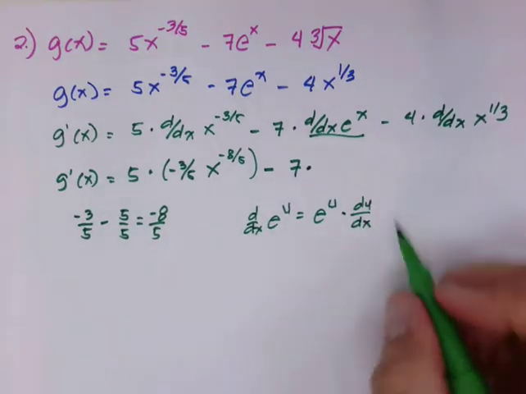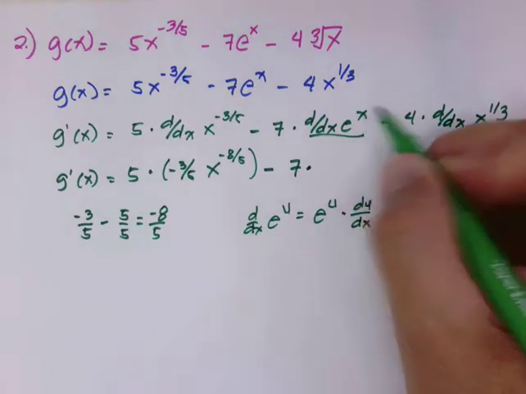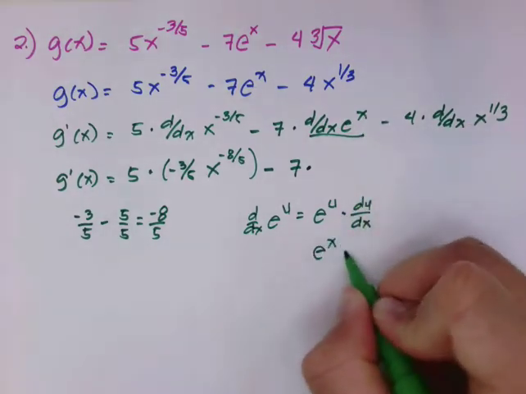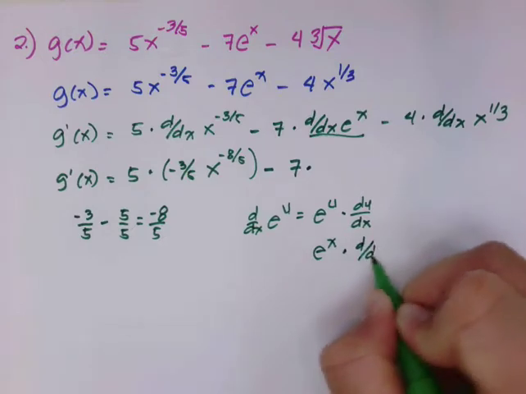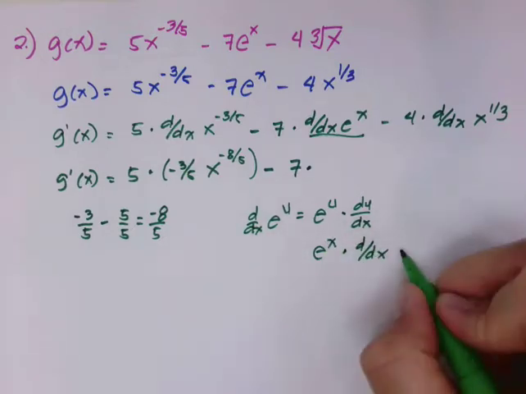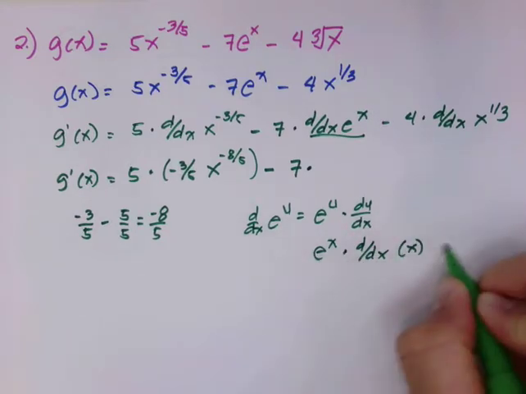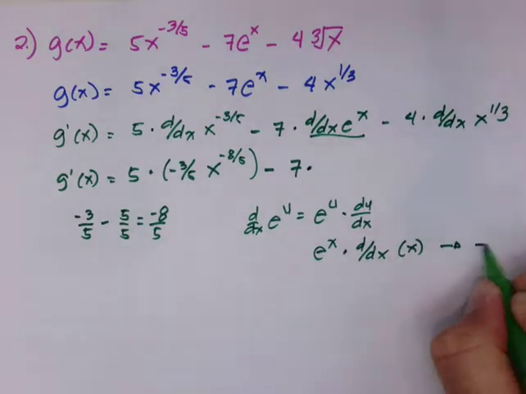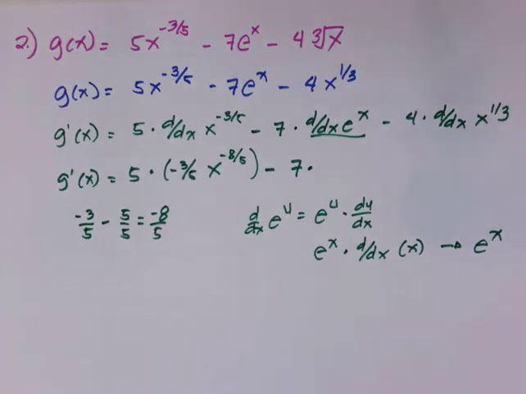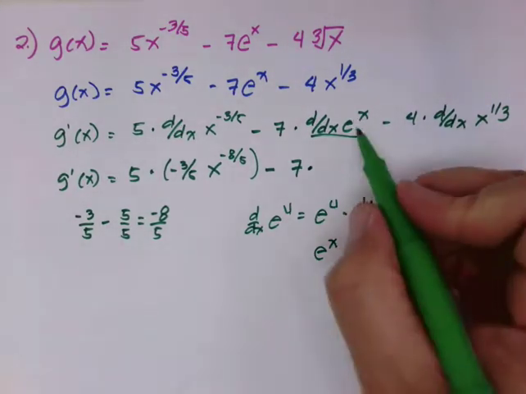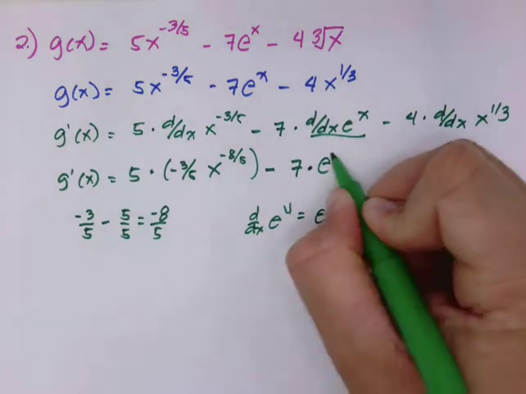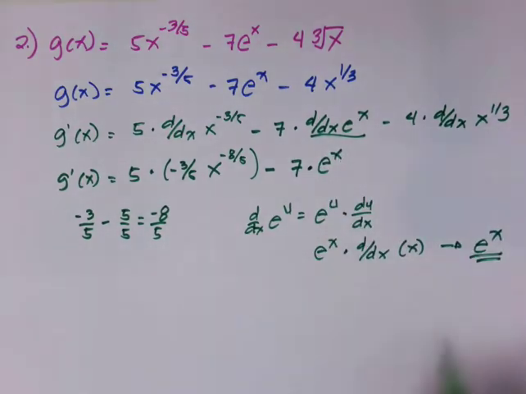And in this case, if we have e to the x times the derivative of the exponent, which is x, that is simply 1. So the derivative of e to the x is simply e to the x. So with that, we can use this as our derivative function for e to the x. So we are simply going to copy e to the x over here.